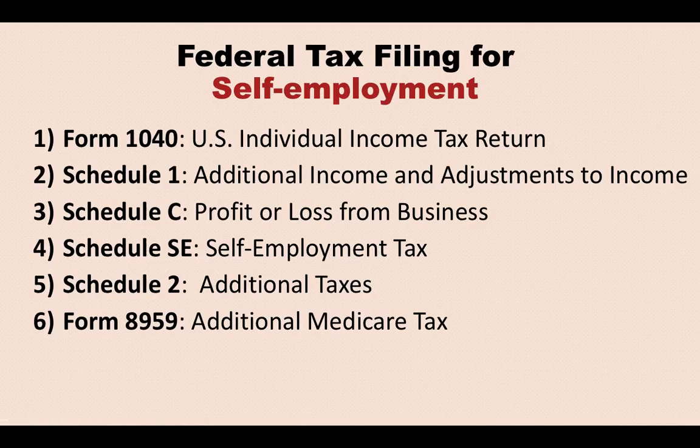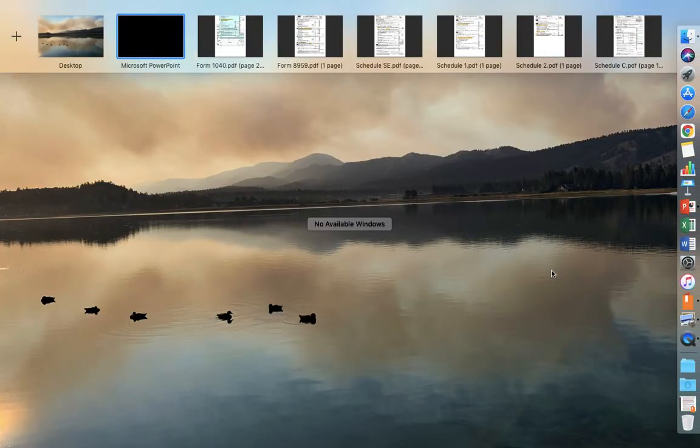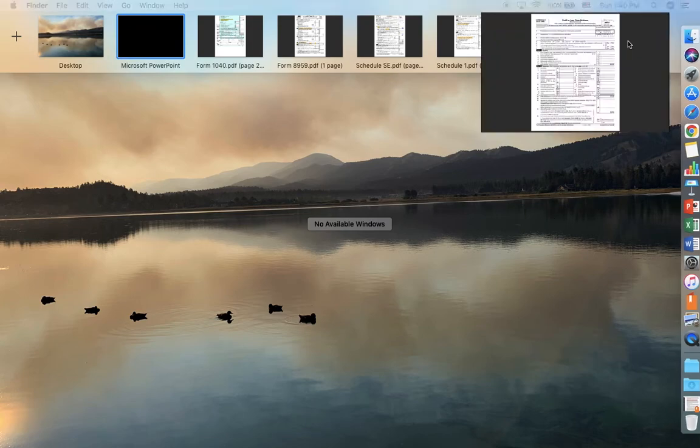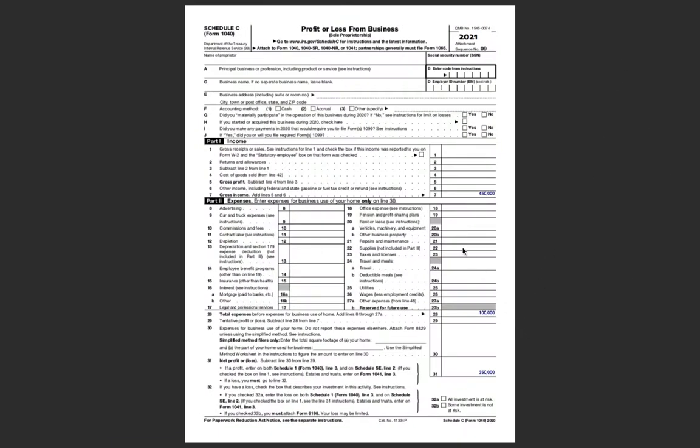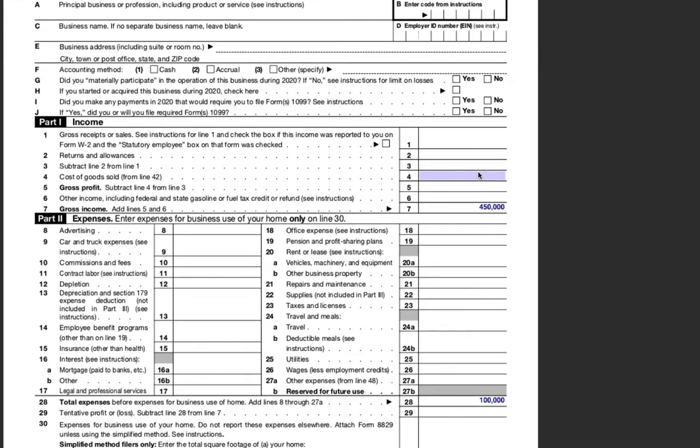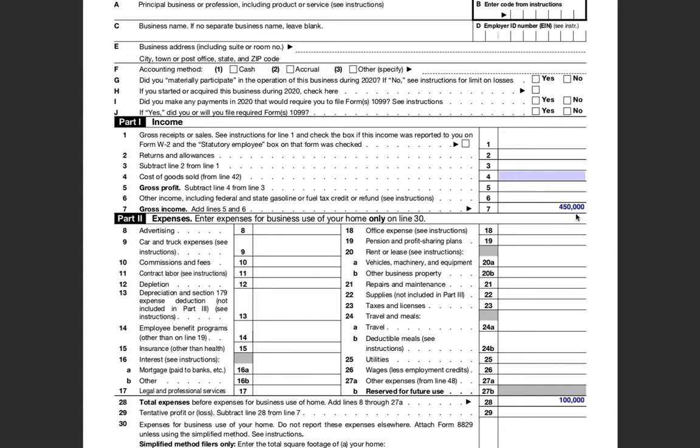First, you need to go on Schedule C because you need to find out what your net earnings from your business are, right? Here, I just assume, let's say your total gross income, whatever your self-employment business is, is $450,000.